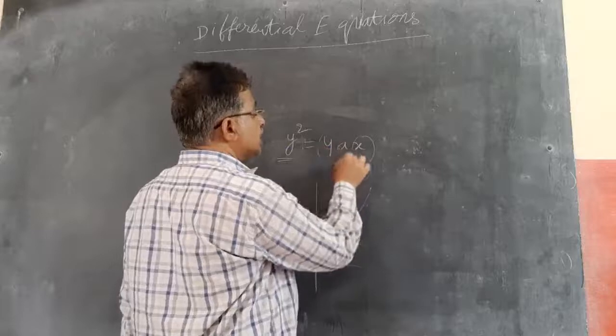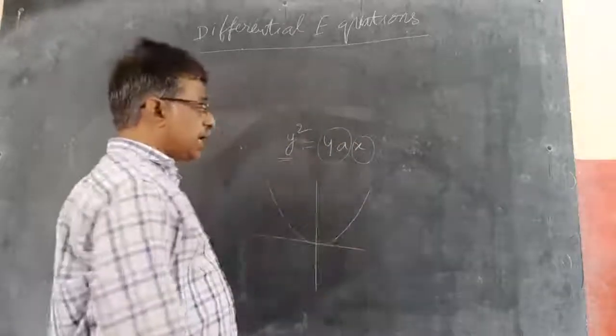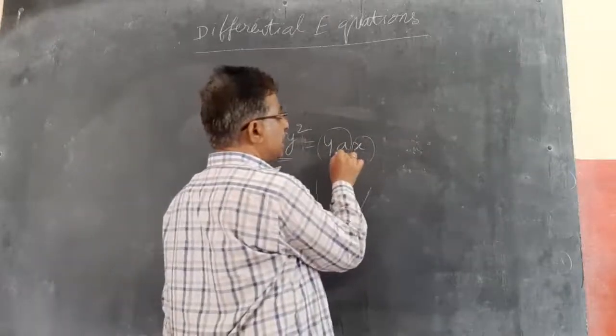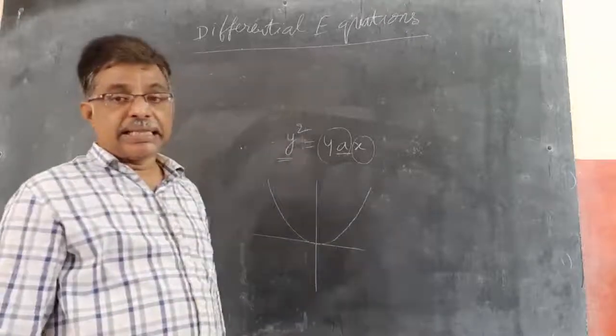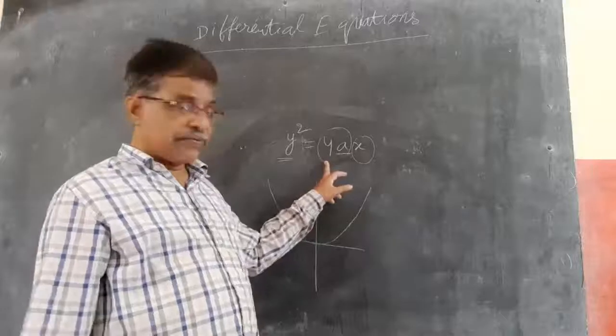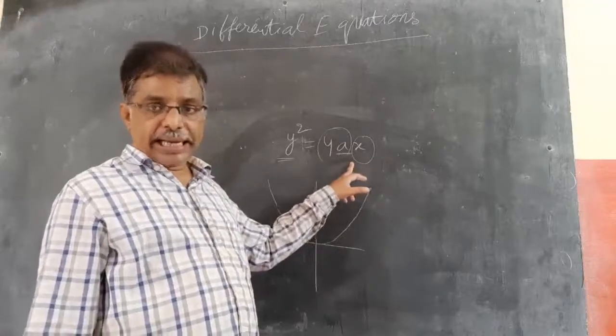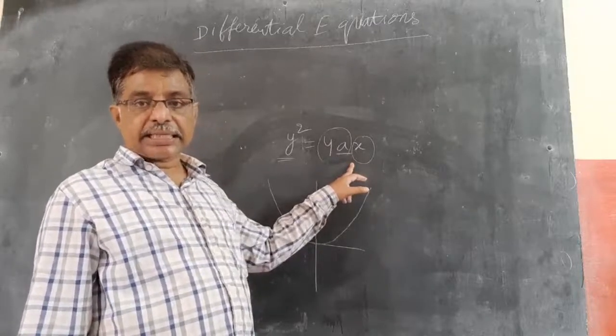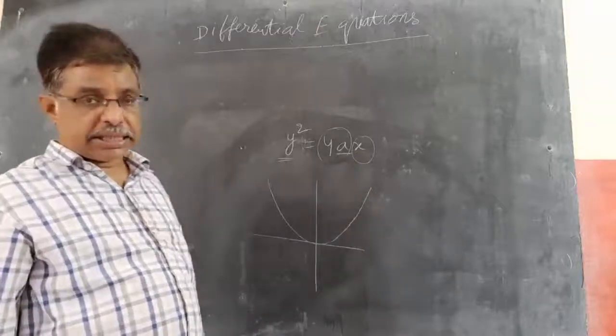Here 4 is constant and a is called an arbitrary constant. This 4 is fixed, but a can change.